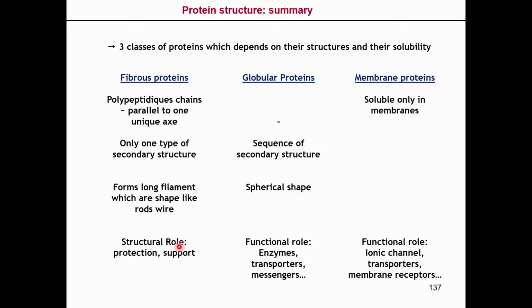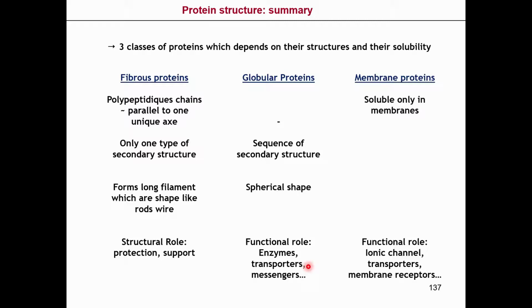You have the globular or soluble proteins, which are usually spherical in shape, and you have several functions like enzymes. I think you will have a lecture about enzymatic kinetics. Transporters, like albumin, for example.